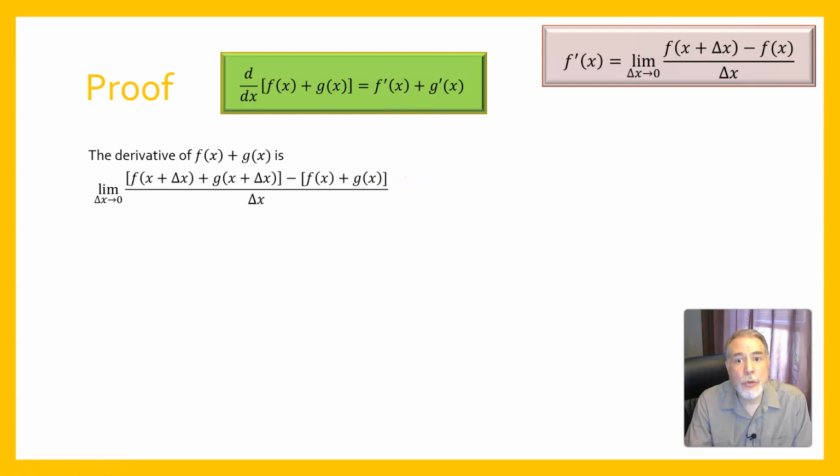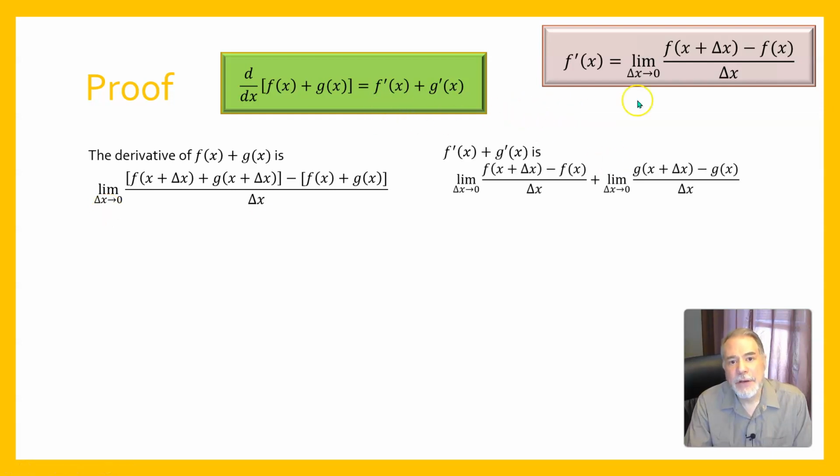So according to this definition of a derivative of a function, the derivative of the function f of x plus g of x should be, well, you take that function, but with x replaced by x plus delta x. Then you subtract that function just itself, just in terms of x, put it all over delta x, and then take the limit as delta x approaches 0.